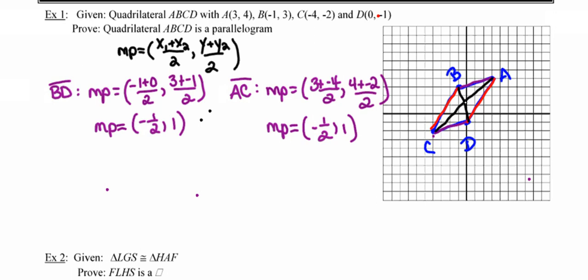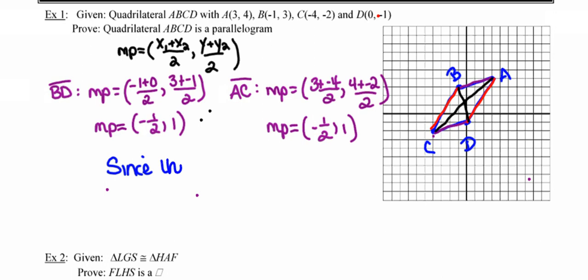So again, it's a little bit hard to discern from the graph because these two diagonals don't cross at a specific point, and that's why I'm going to use the midpoint formula to figure it out. These two diagonals share the same midpoint, and what that tells me is that they bisect one another.